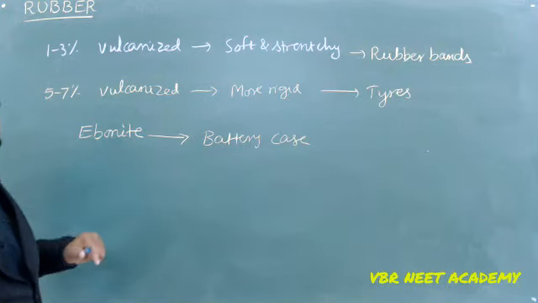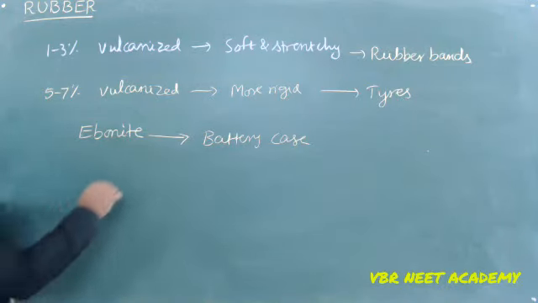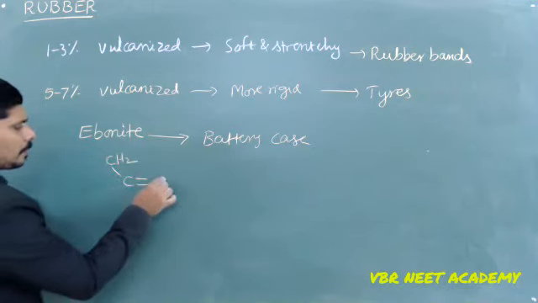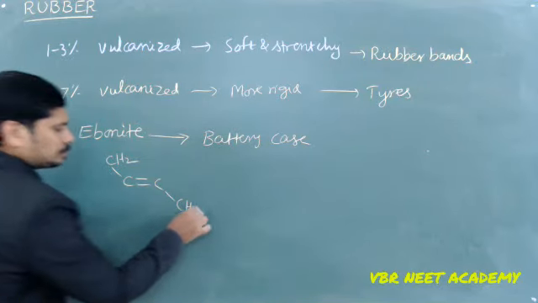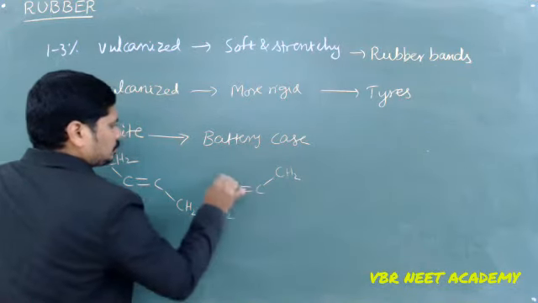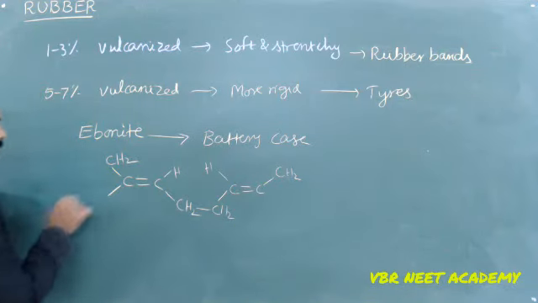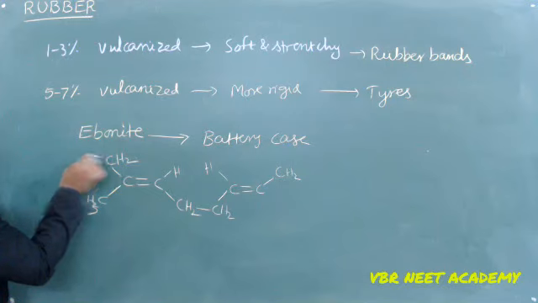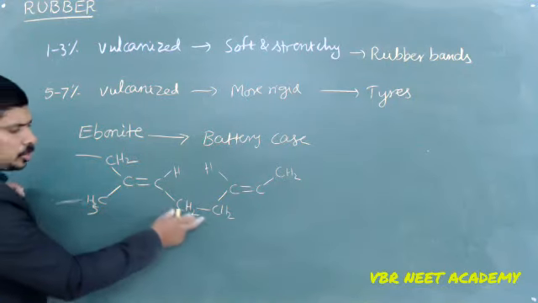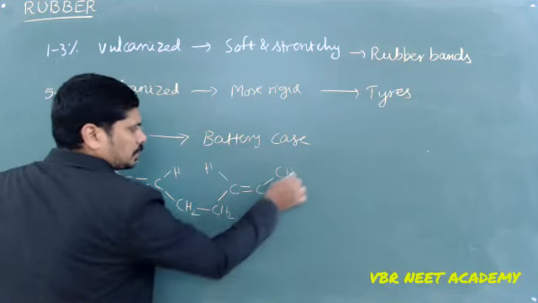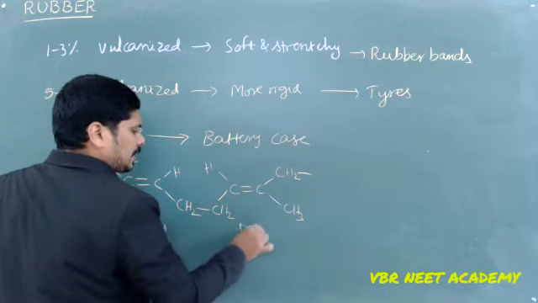Now, some part of natural rubber exists with CH2 in trans.